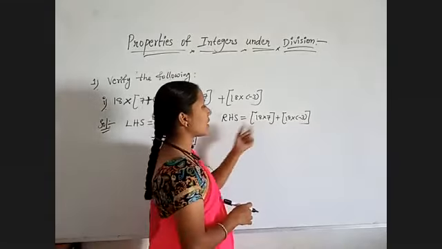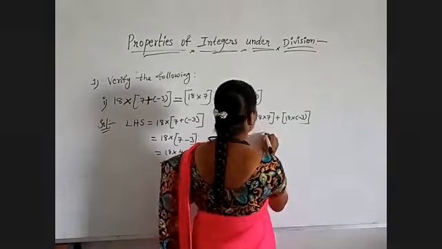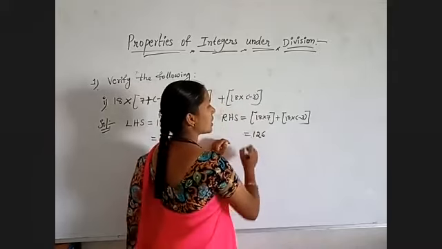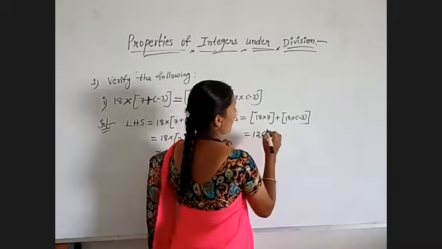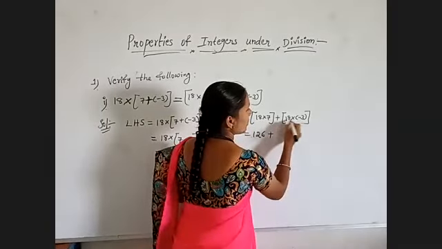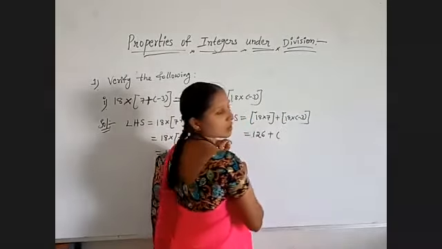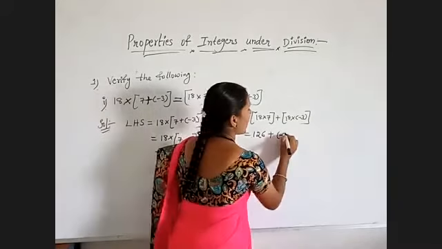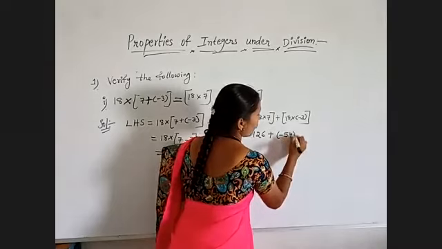Here 18 sevens are 126 plus 18 threes, and here we have minus, so minus also we need to write. 18 threes are 54.